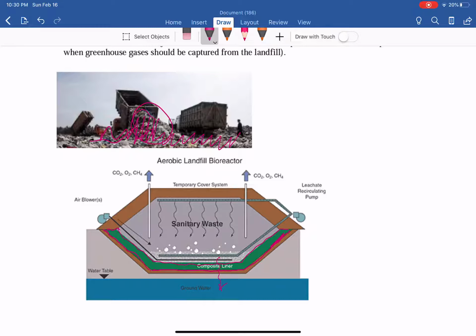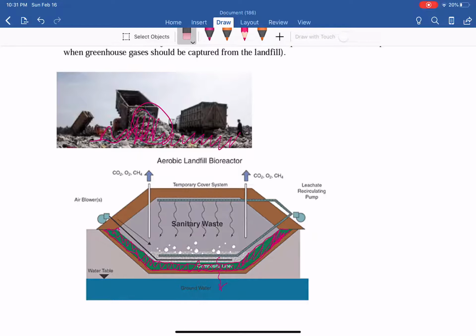Okay? So this liner was put in to prevent leachate from going to the groundwater. And leachate is a product of the biological degradation of the organics in the waste.